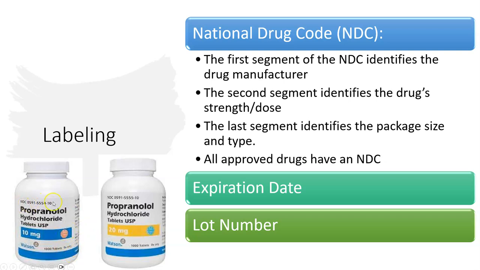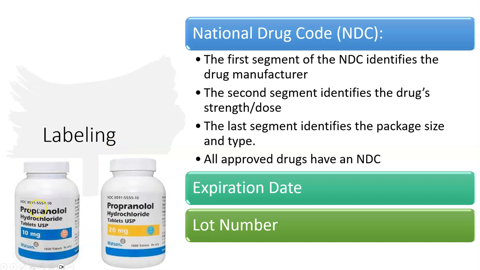Now, if we look at the NDC number, the first part, because this is Watson, is 0591 for both. Don't ever worry about memorizing these. Manufacturers change NDC numbers, but it's built into the barcode. That's part of that barcode technology, that safety component. The second part identifies the drug, the dose form, and the strength of the drug.